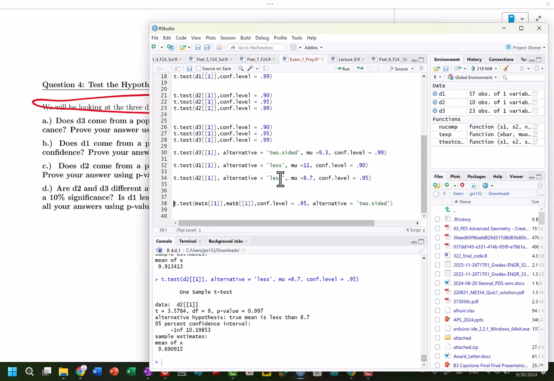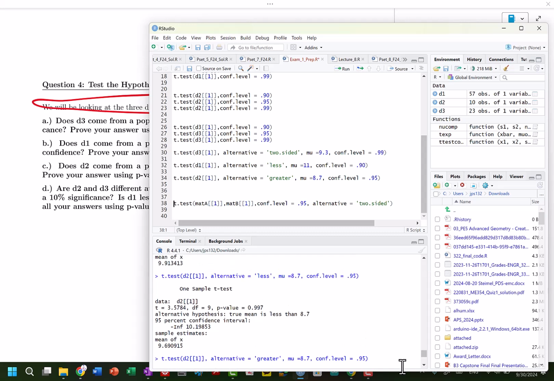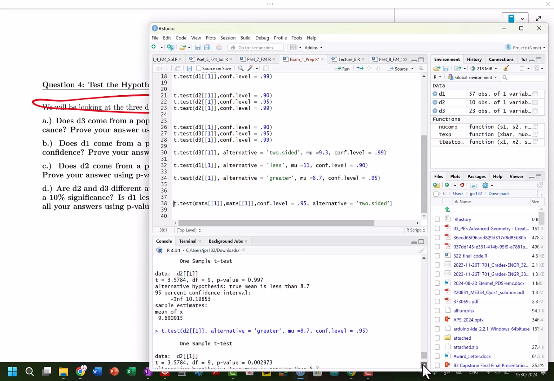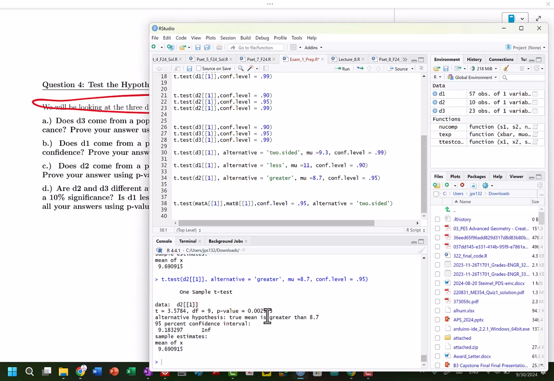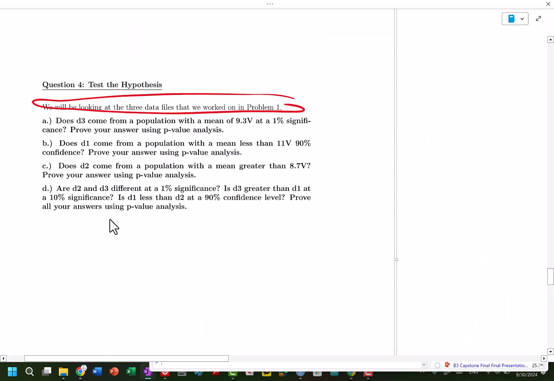We don't want to do the 90, we want to do greater. So our p-value, looking at a 95% confidence, 0.05, again we are going to be in the reject regime. Why? Because our p-value is less than our alpha, which is 0.05. Fantastic. So these are all reject, reject, reject.